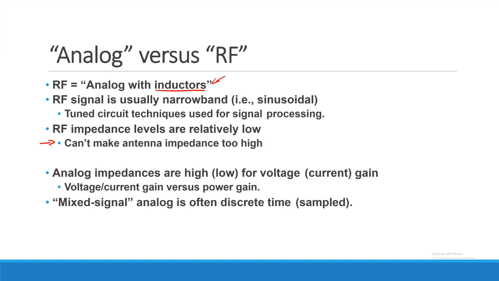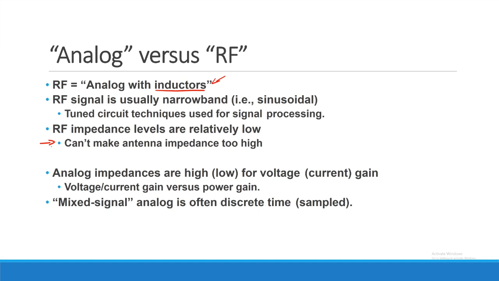So remember, all an antenna is doing is transforming from the impedance of free space to whatever it is that is inside of your system. Okay? So now, why might you want that to be relatively low impedance? What does low impedance mean? What's bad about things with high impedance?